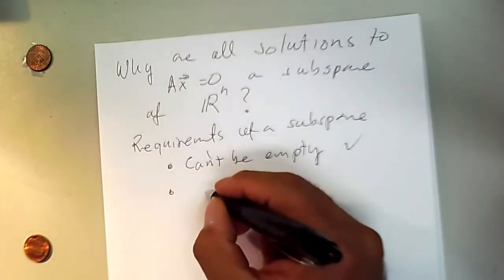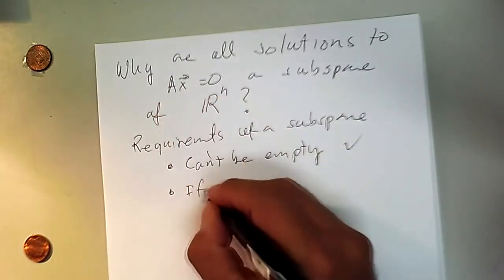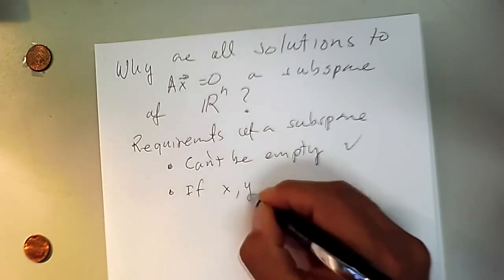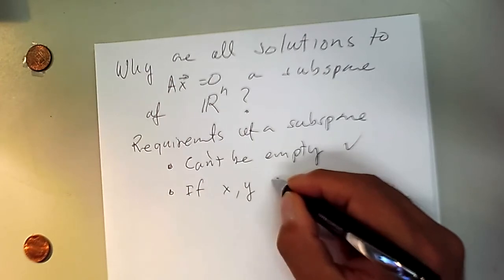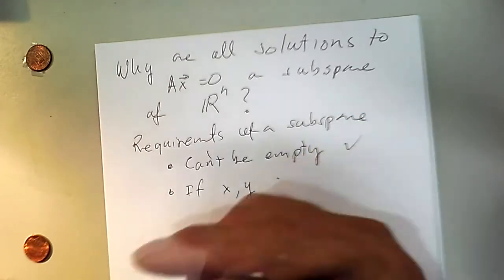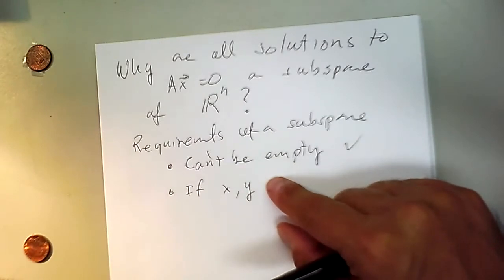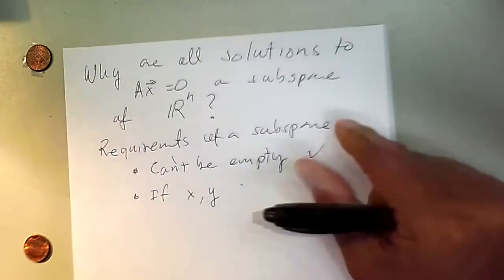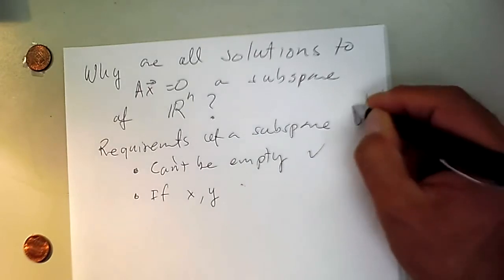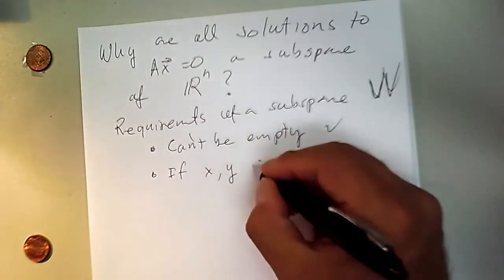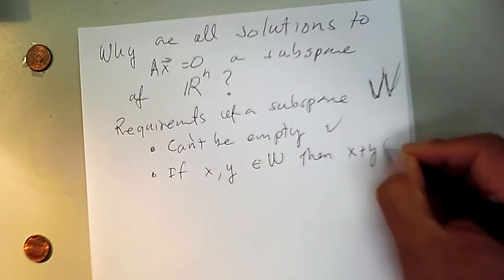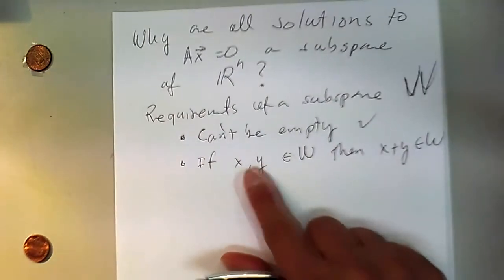What is not always true in general is that if 2 solutions, if X and Y belong to the set, then so does X plus Y. So the requirements of a subspace, let's call it W: if X and Y belong to W, then X plus Y also belongs to W. So we have to have closure under addition for a subspace.